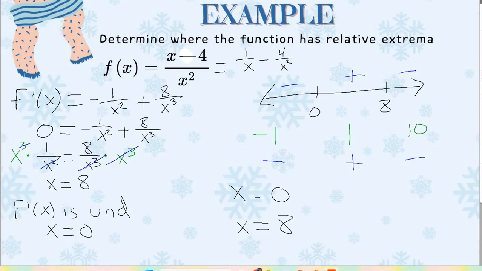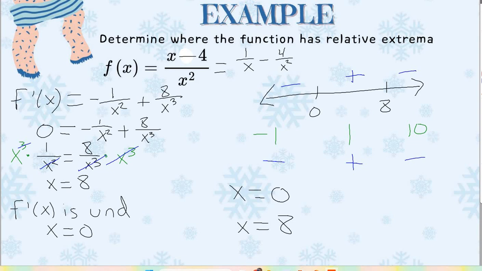So what do we think? Is f of x continuous at x equals 0? If I plug in 0 here, I'm going to get negative 4 divided by 0, which is undefined. So we're actually going to have an asymptote there. So it's going to skip over that.